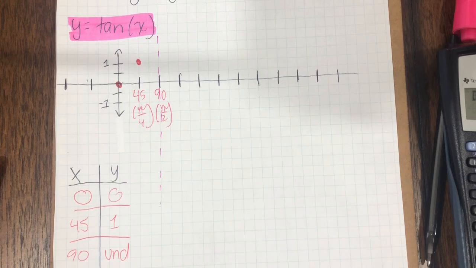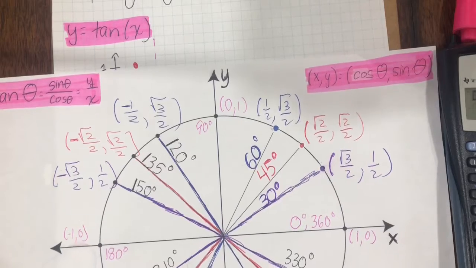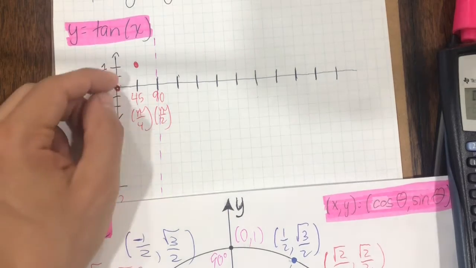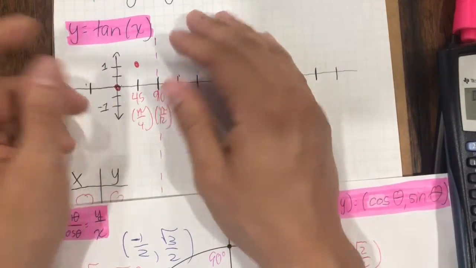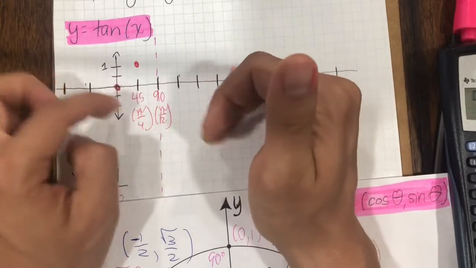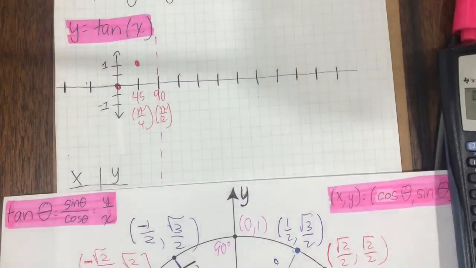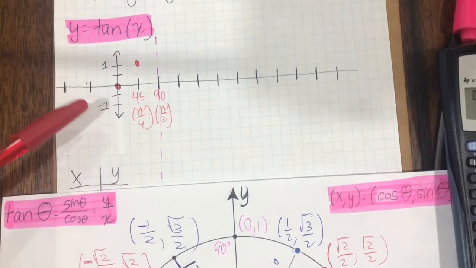I could keep going in a counterclockwise direction with the unit circle, but it seems that my graph isn't really fully completed because there's usually more going on with the graph. So what I'm going to do is look at the left side of the graph.